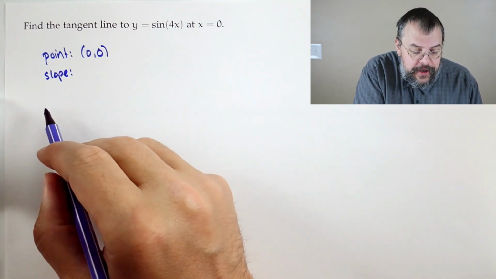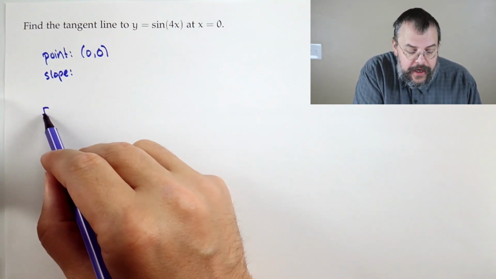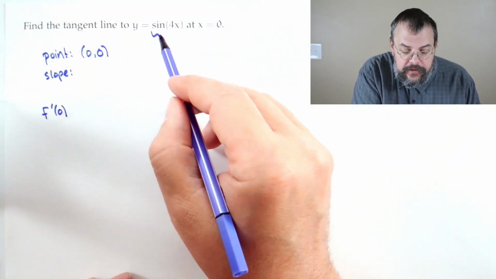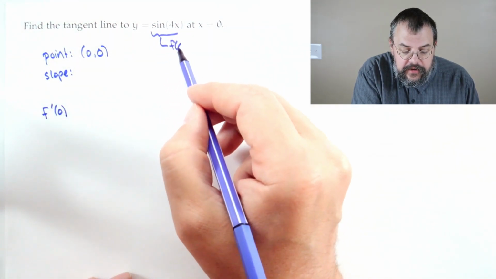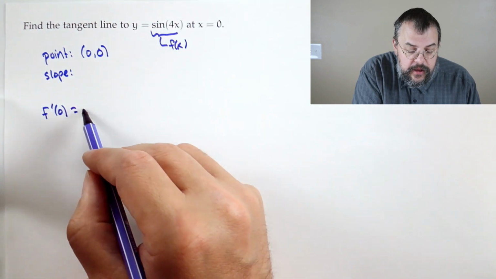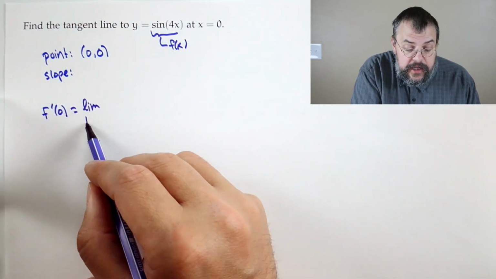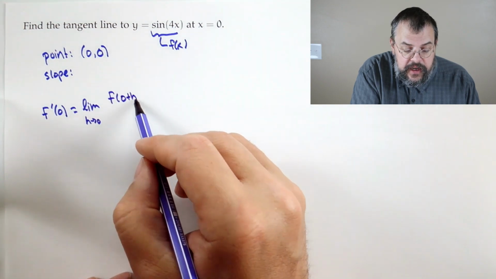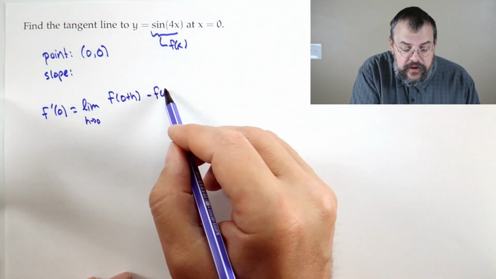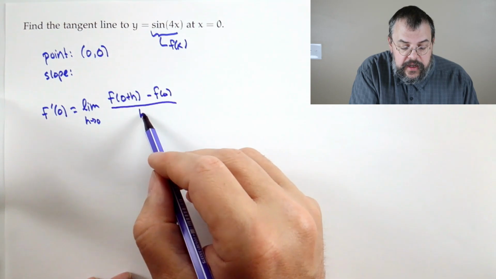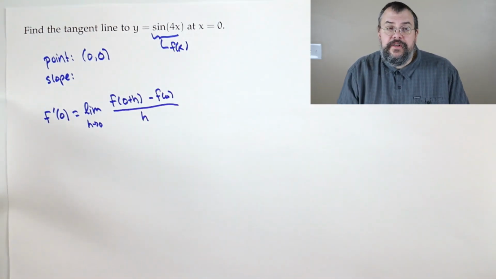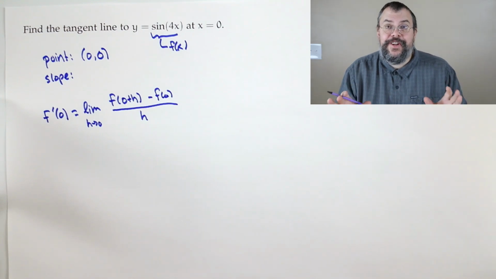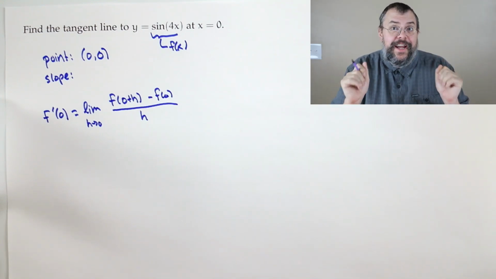So we're going to look for our f prime of 0, where the f is the sine of 4x. So that's our limit as h goes to 0 of f of 0 plus h minus f of 0 all over h. If you're using the limit definition of derivative, one of the best things to do on the first step is to actually write down the definition, because you're like, okay, I know what I'm doing.